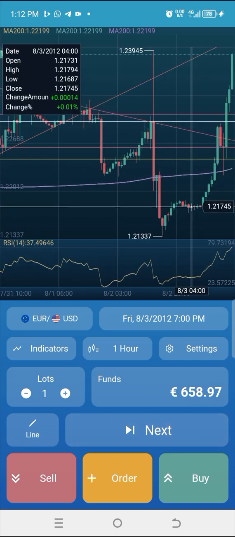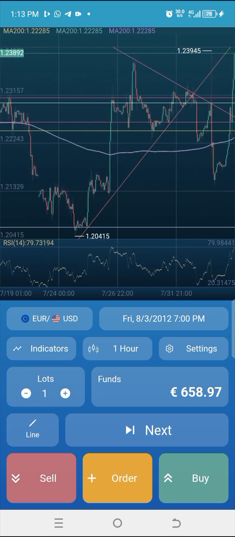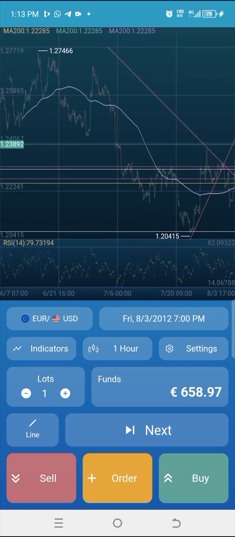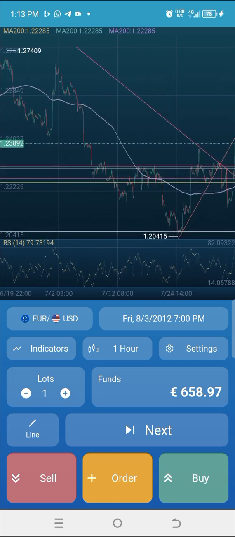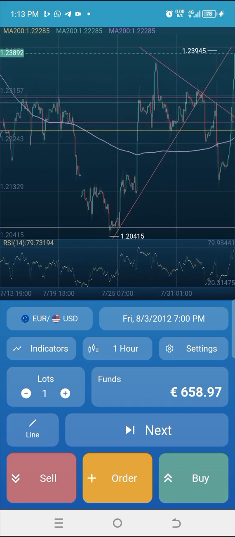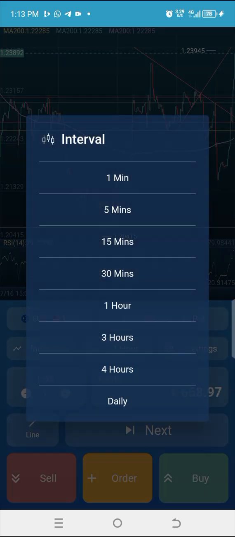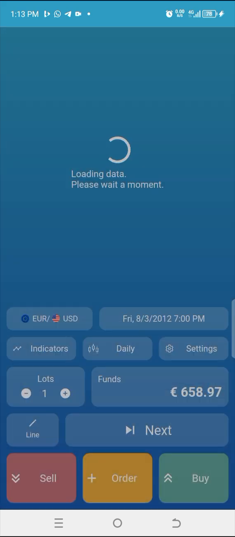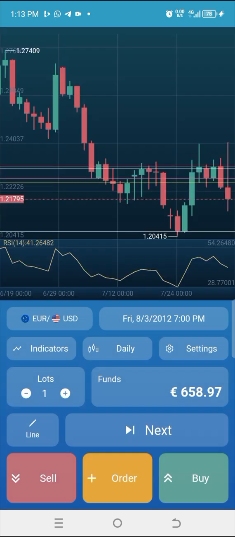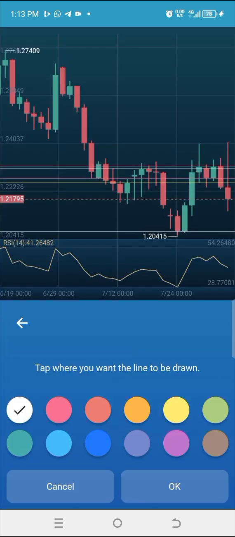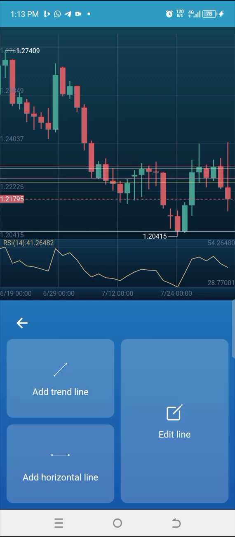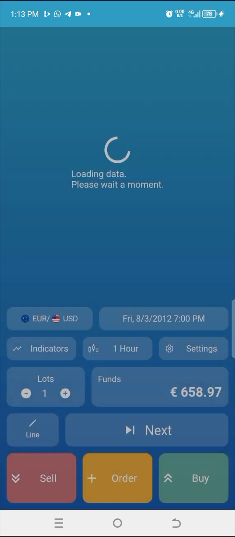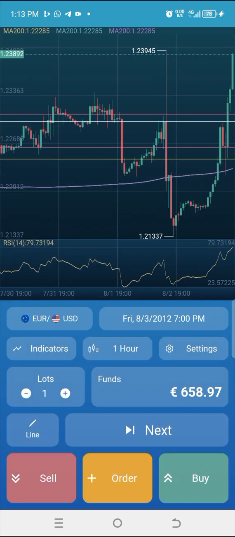Okay, so it has been broken, and since it has been broken, you need to go back to the daily and see where this is. Currently, remember, our high was this, right? Marked by this white line, right? But when you go back to the 1 hour, our white line has been broken.